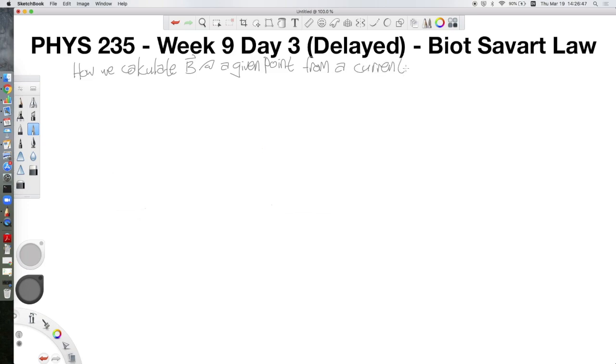And this will be another one of those calculus things. It'll have a similar idea to how we did the electric field from distributed charges, but we will have some additional complexities we'll need to deal with this time.